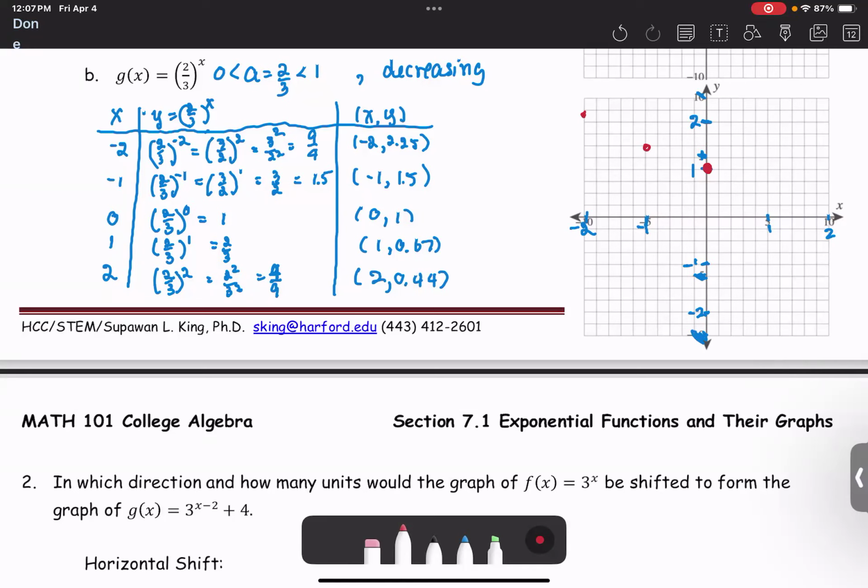That is a little bit more than a half. Right there, and then 2, 0.44. Gonna be somewhere here. And now it looks like it's red line, but it's not. It's just the scale that I readjusted, make it look like a magnified graph of the decreasing exponential graph, like that. And now we get the graph of the function g of x equals 2 over 3 to the power x.